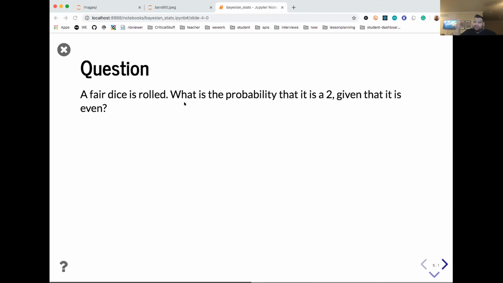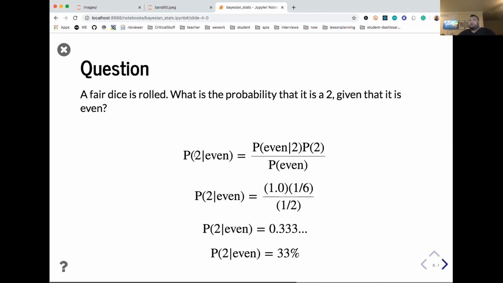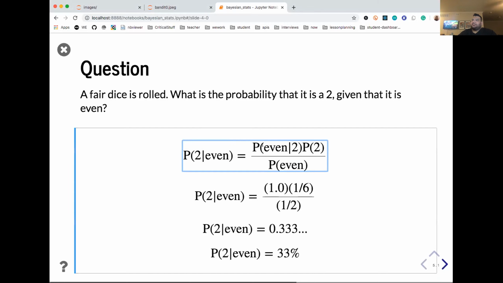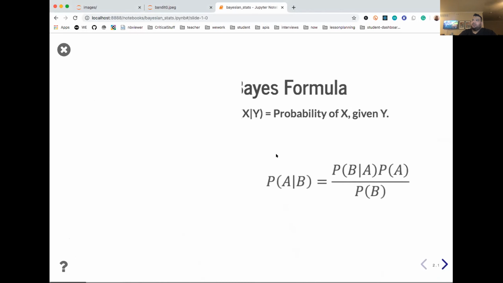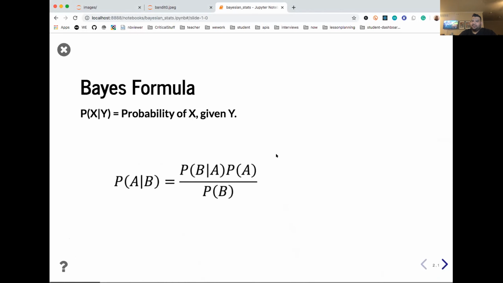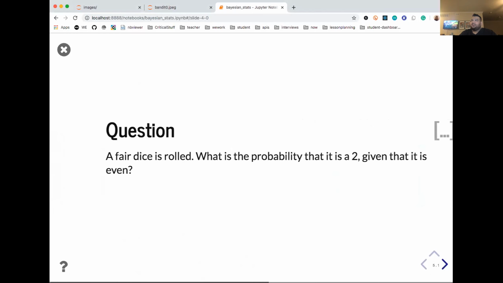You don't really need to use the formula, but here's how you would use it. The probability that it's 2 given that it's even equals the probability that it's even given that it's 2, times the probability that you roll a 2, over the probability that it's even. This is just plug and chug from here.